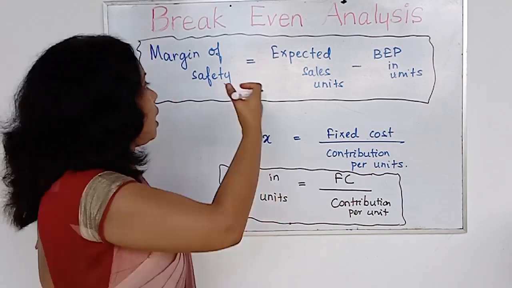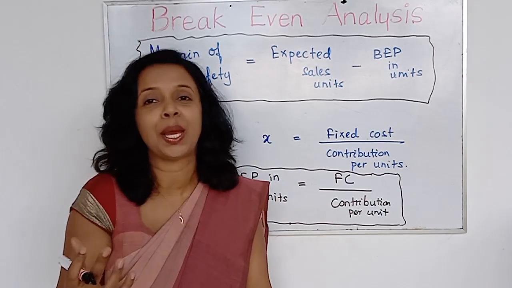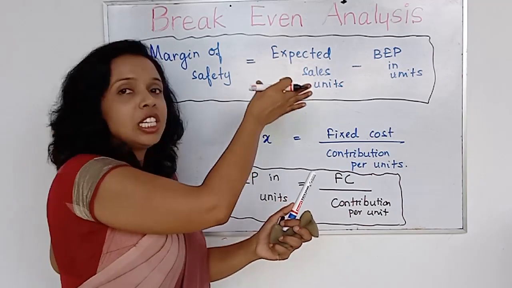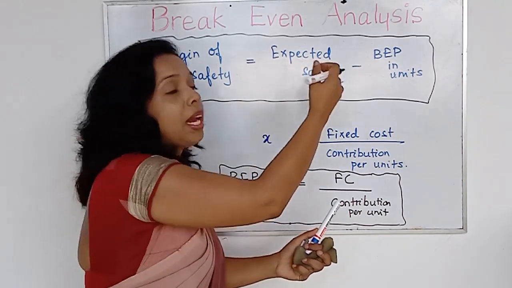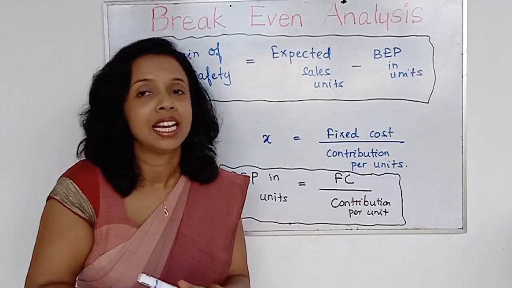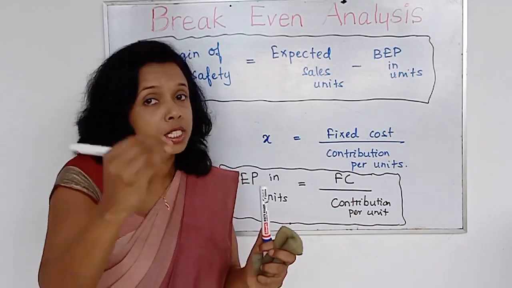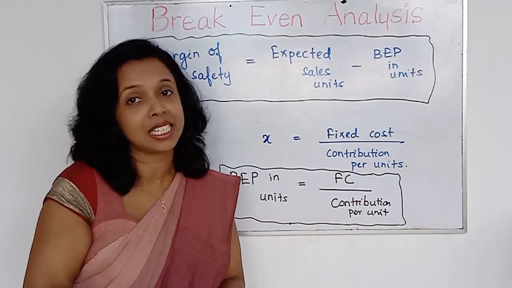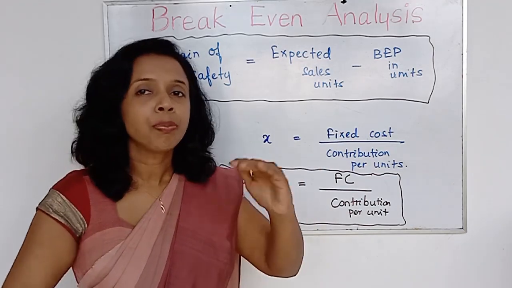So why do we name it margin of safety? Because you will be safeguarded by this difference, because up to the break-even point in units, you don't have any chance to earn profits. Somehow you want to achieve this target to cover or recover all of the expenses which you have incurred so far.